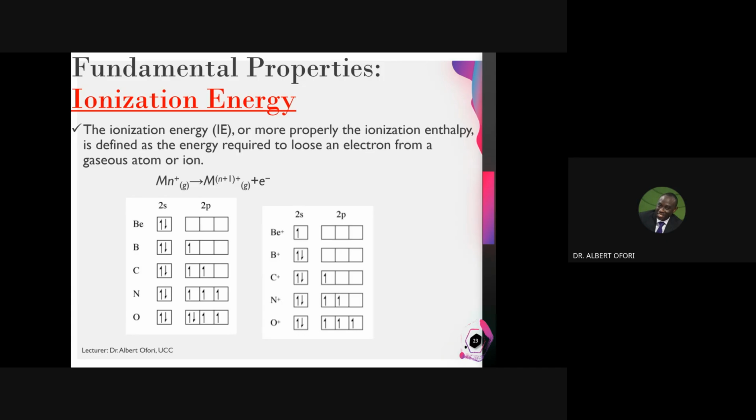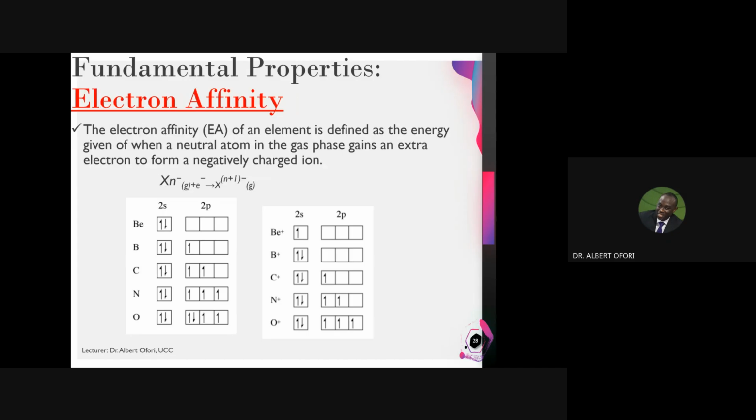Okay, now let's look at another energy. We have looked at the energy which they can lose. How about the energy which is involved in adding an electron? That is the electron affinity, the energy which is evolved, released, when we add an electron.